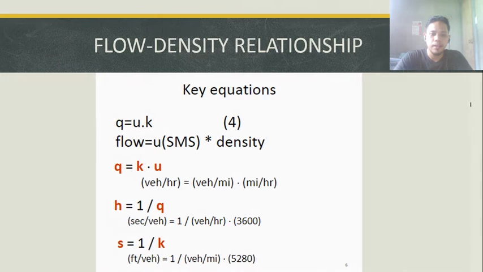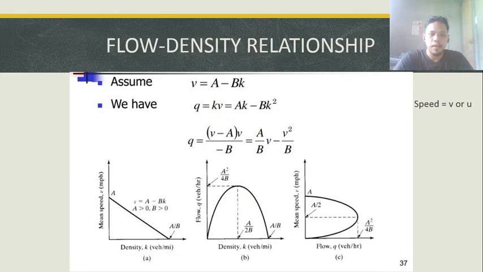So next is flow density relationship. Here are the diagrams of the flow density relationship, also the mean speed density relationship and the mean speed and flow relationship. Here are the other curve diagrams.